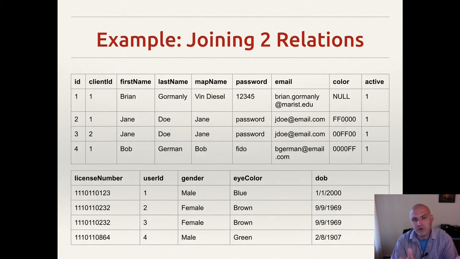The first two relations I'm going to work with for the examples are these two. These are more evolved, right out of something that could be used for our project. The specific problem we're dealing with is the username, the user and the ID, because we said that one of the criteria is that you have to be able to scan the person's ID. That's what we're looking at here.